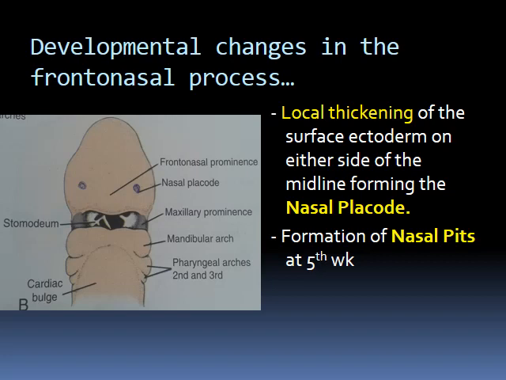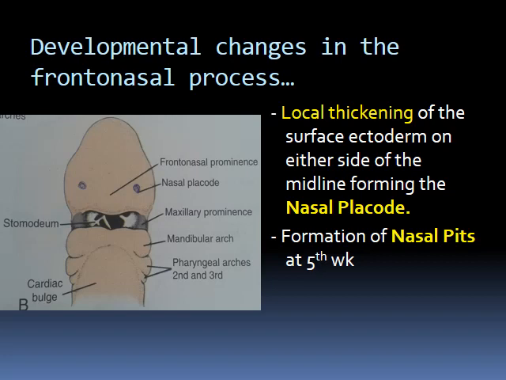Now having learned about the formation of the frontonasal process, let us see what developments will occur in this process. As development continues, what happens? There occurs a local thickening, a circular area of local thickening, on the surface ectoderm of the frontonasal process on either side of the midline.